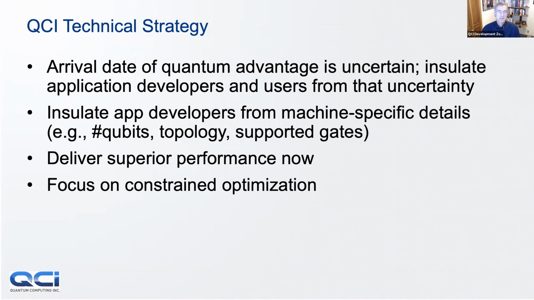The last one is we're going to focus on constraint optimization. I've described that as the delivery truck packing problem. There are many instances of this. How do you route airplanes across the North Atlantic? How do you route traffic so you have minimal congestion?